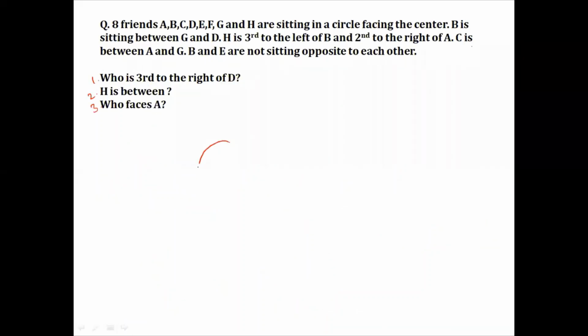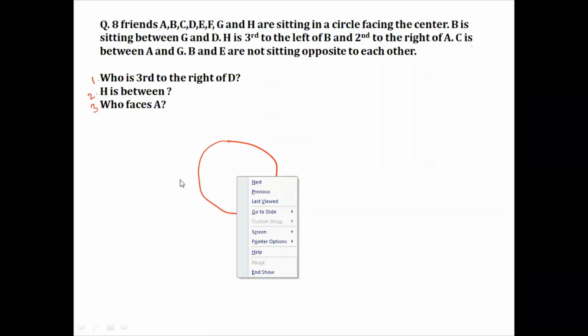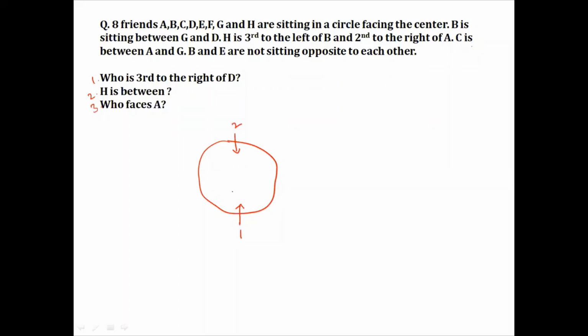So first, as I said, draw the circle. Now place the positions. Instead of placing the persons first, place the positions. If all are facing the center, and in the last class I clearly said the first person should be placed at the bottom. This is person 1 and this is person 2. Position 2 should be opposite to position 1. So this is position 3 and this is position 4. How many are there? 8 are there.